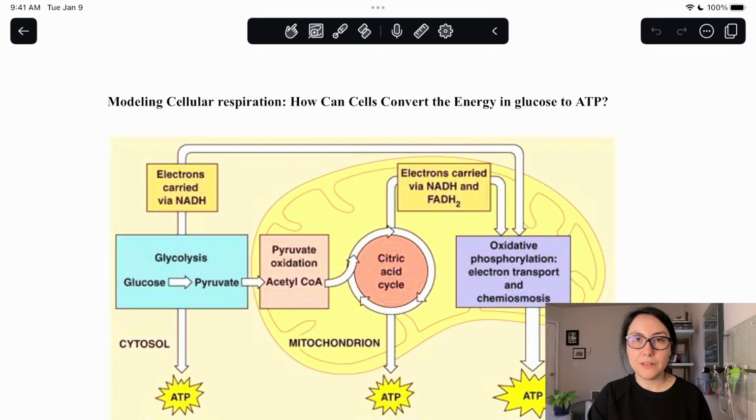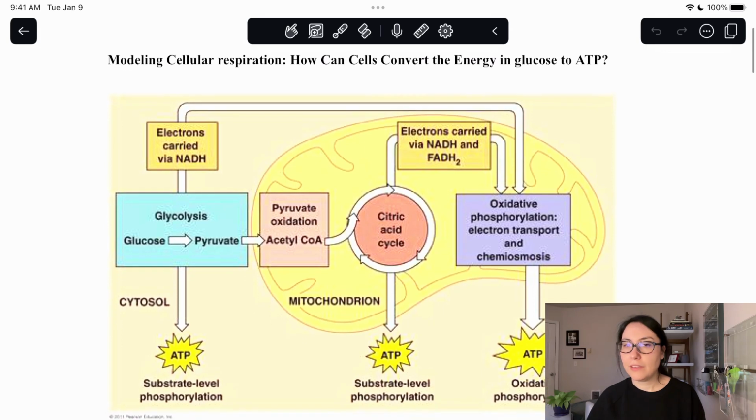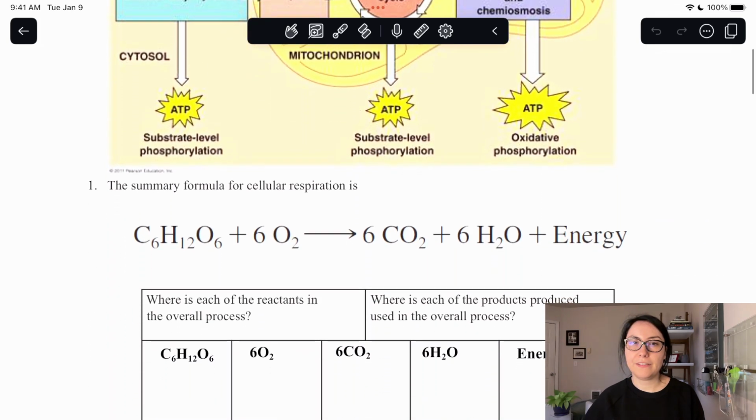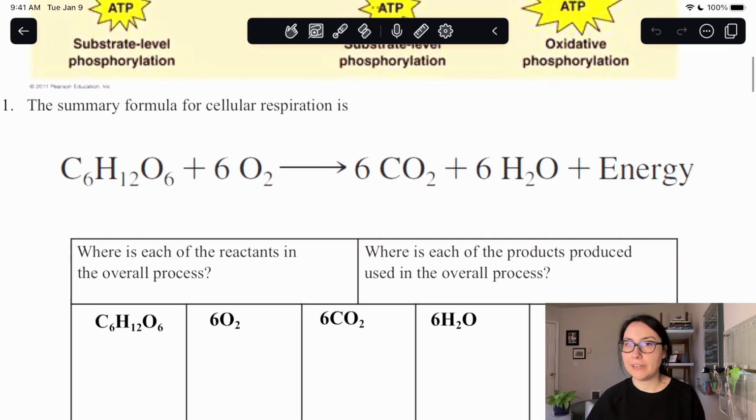So let's go ahead and switch my screen over to the actual worksheet, which is this guy right here. It says right up on top, how can cells convert the energy in glucose to ATP? And so what we're going to go over is this summary formula right here.